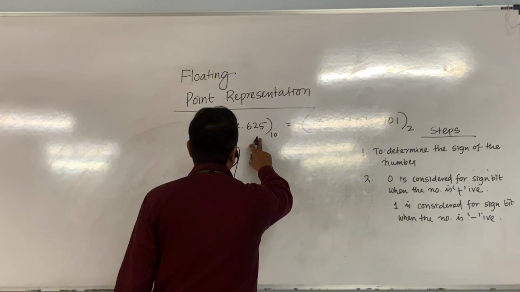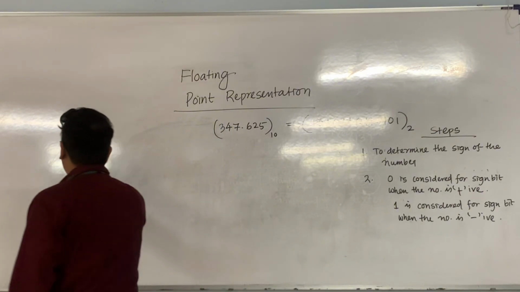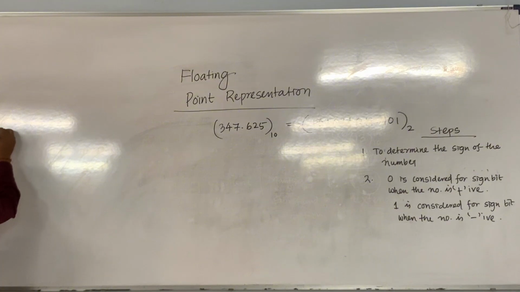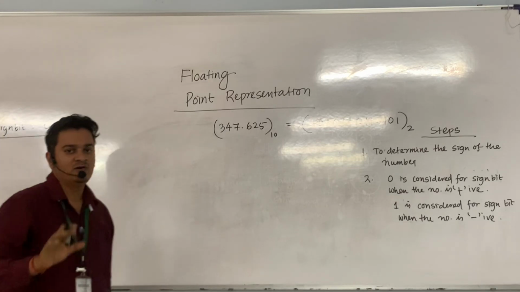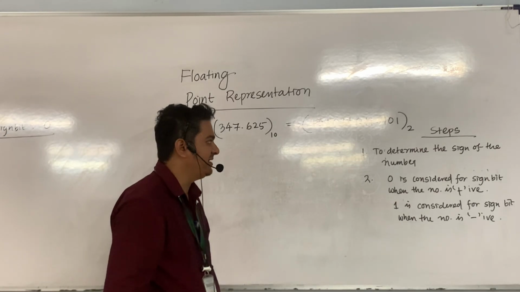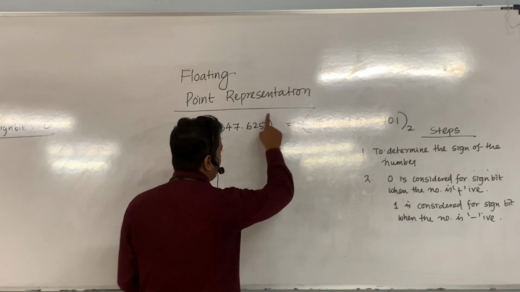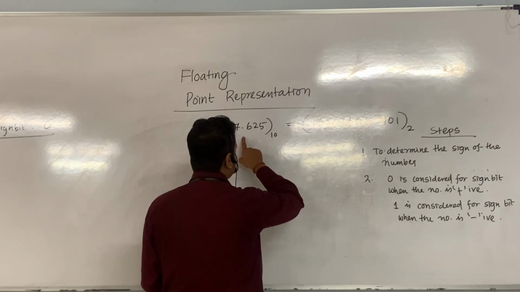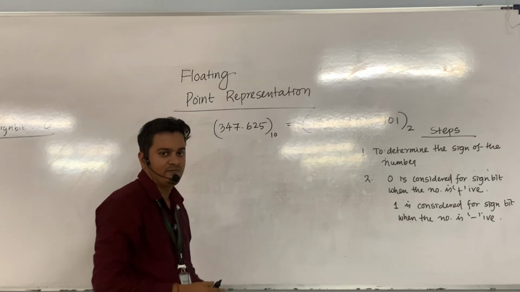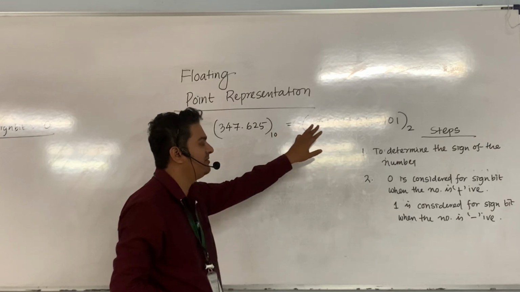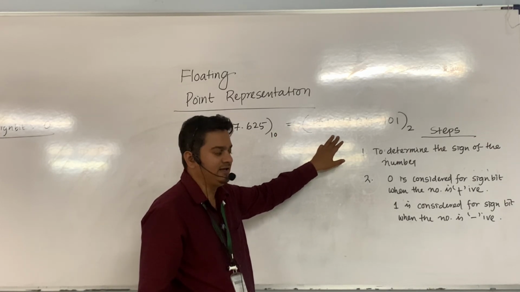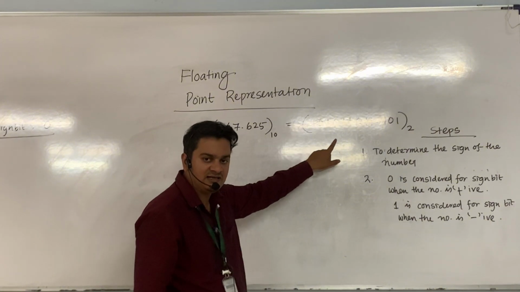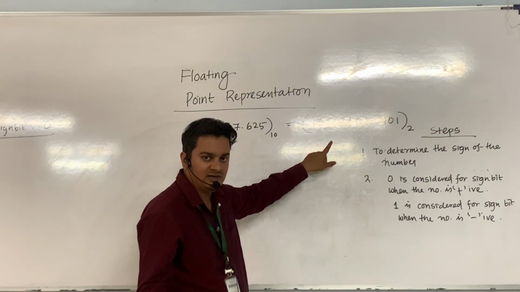So it is a positive number, so the sign bit is 0. Here I am writing the sign bit is 0. So at first, in the first part, we have to write the sign bit. Now here you can see you have already converted this particular number to binary. Whatever number is given, you have to convert it to binary. If a binary number is directly given, no need to convert.